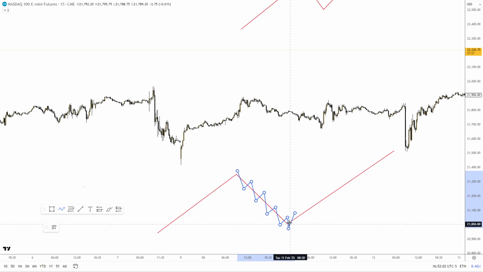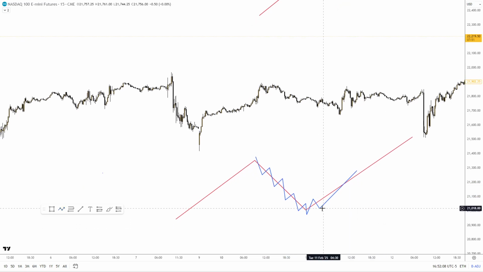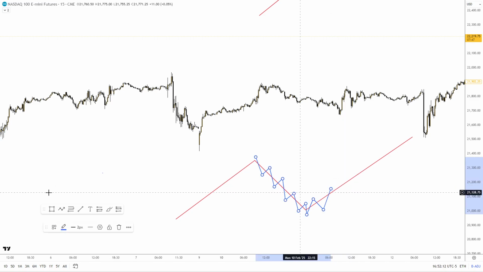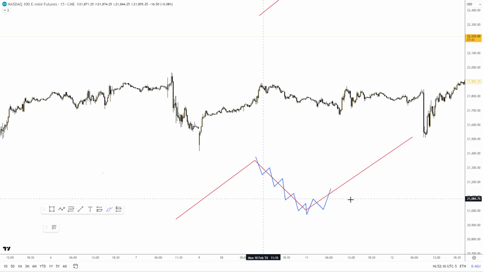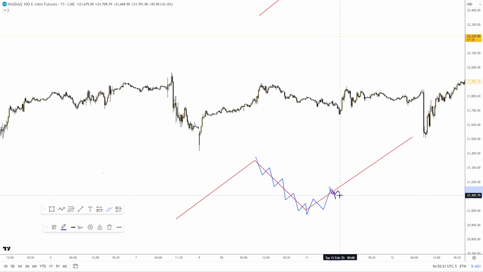It's broken structure. And then we expect a lethargic movement in, and then a violent movement to come off of that, right? Now, sometimes these will occur, and you'll have these movements kind of trade back in.